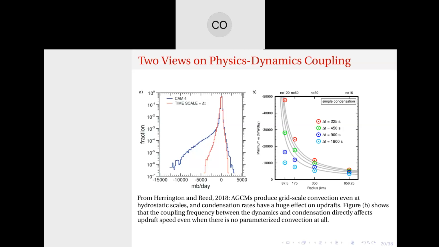And so over time, the error piles up. That's my very hand-wavy explanation for why that matters so much. You're just not resolving that coupling fast enough to resolve how quickly that vertical velocity is growing.